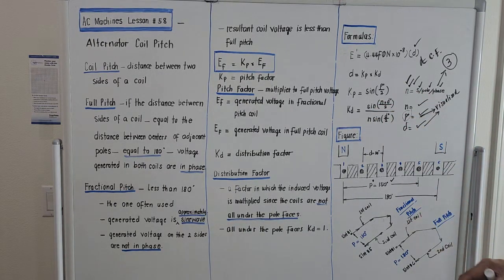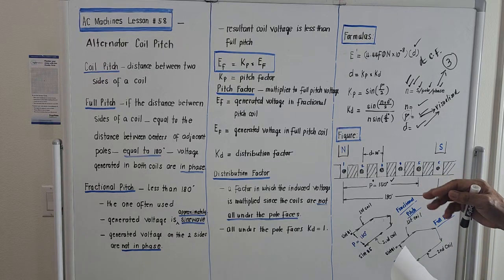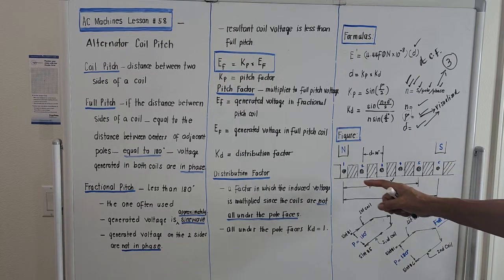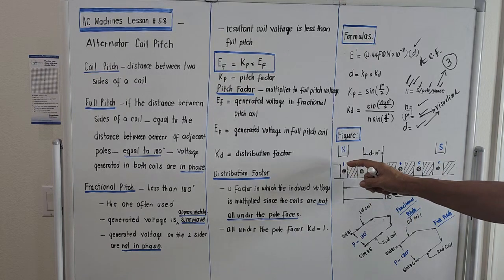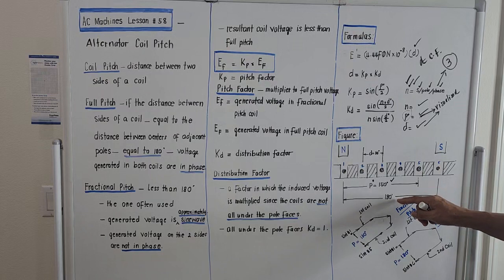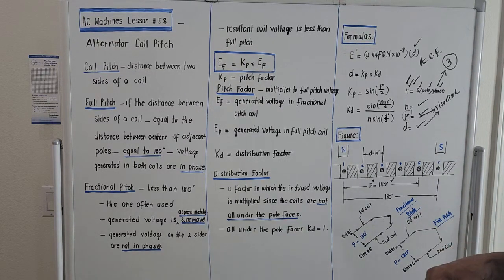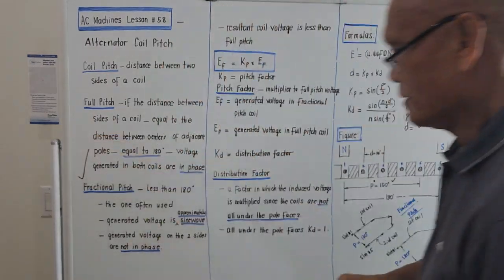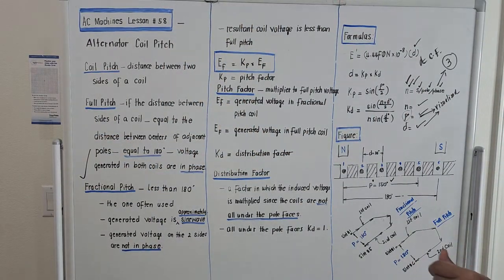So just in case you place windings on the slots in which the distance between the point of entering and the point of coming out is not equal to 180 degrees, we call that fractional pitch.